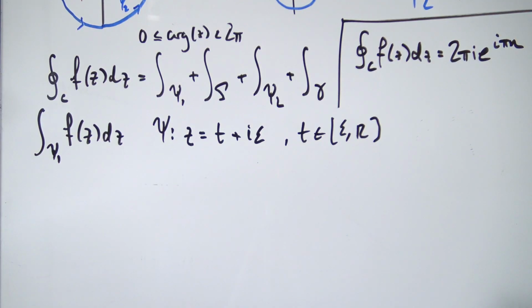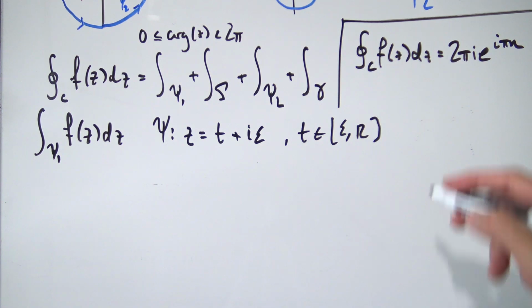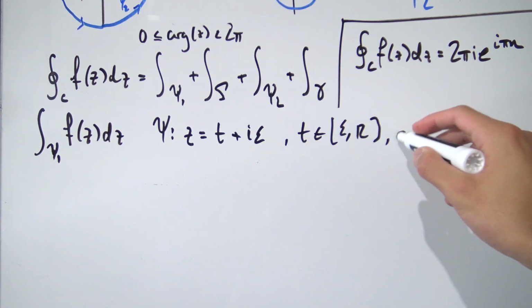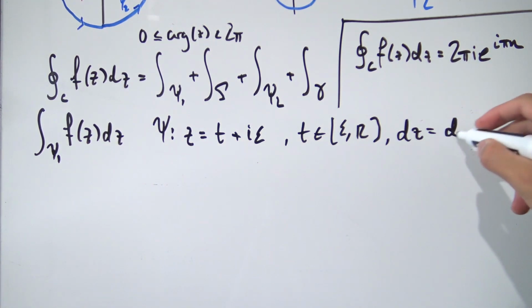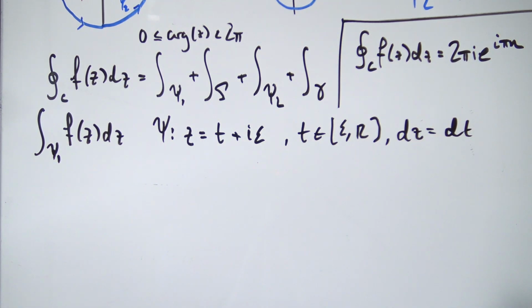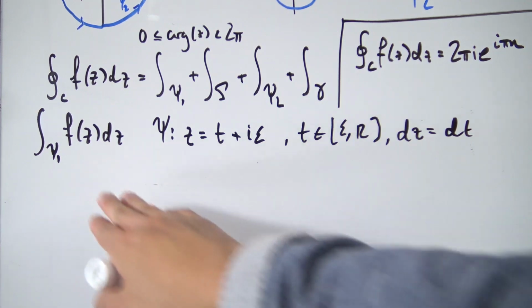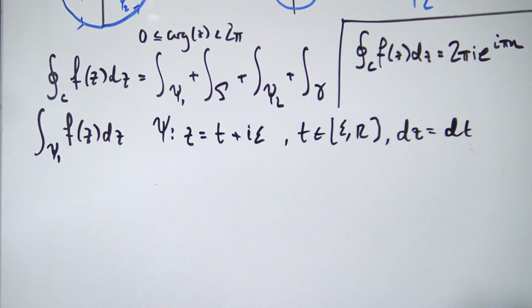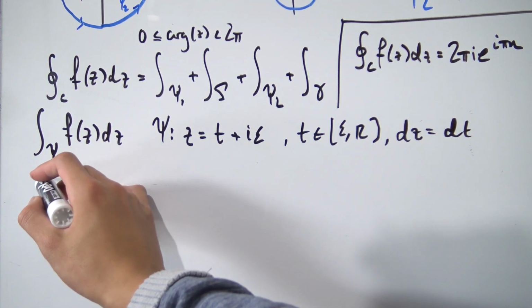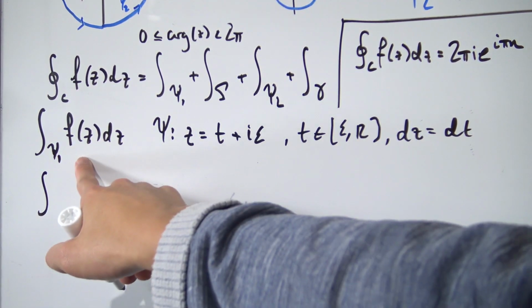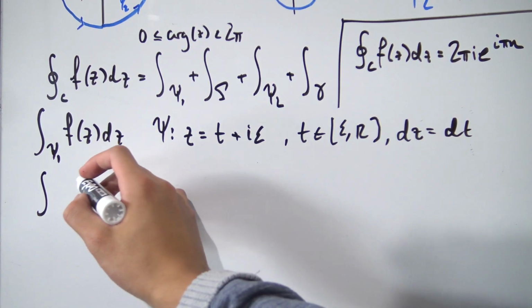Alright, so where can we go from here? Well, we can differentiate this z right here to get that dz is just equal to dt, because i times epsilon is just some constant. And now if we plug all of this into this integral right here, using the definition of our f of z, we're going to get the integral. And remember, f of z was z to the n over z plus 1.